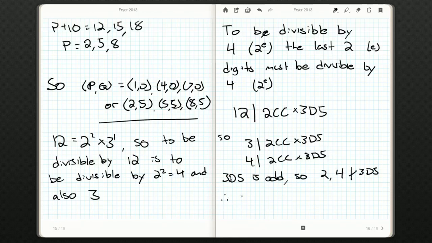And that means that 4 will have to divide 2cc. Because normally we could either have 4 divide the first number and not care what happens to the second number, or 2 divides the first number and 2 divides the second number, or 4 divides the last number and no one cares about the first number. But since our second number is odd, those last 2 scenarios can't happen, so 4 must be a factor of 2cc. So 2cc must be divisible by 4.